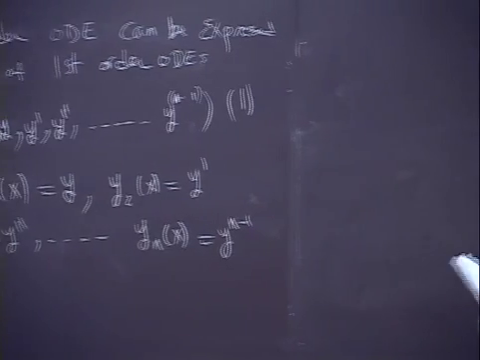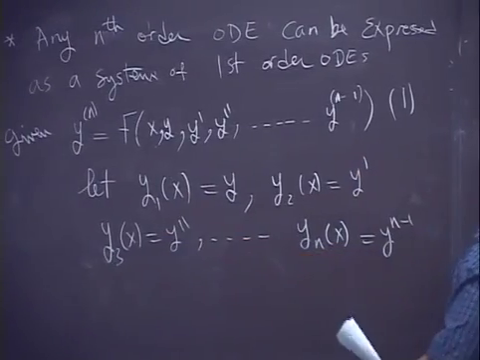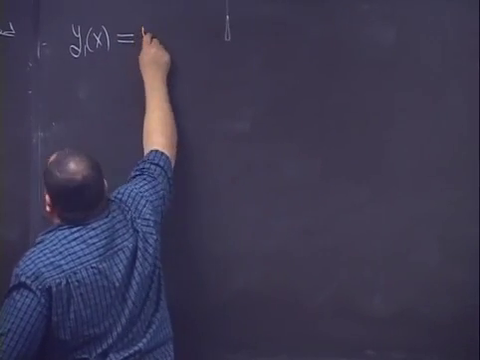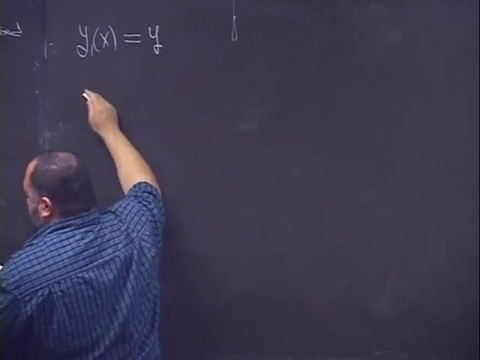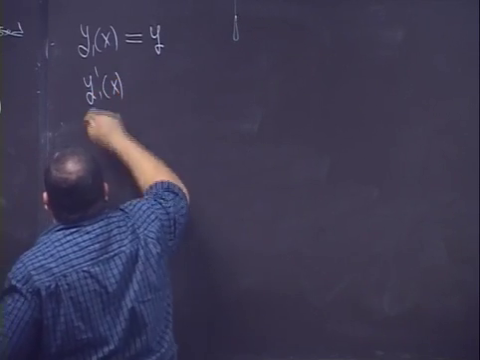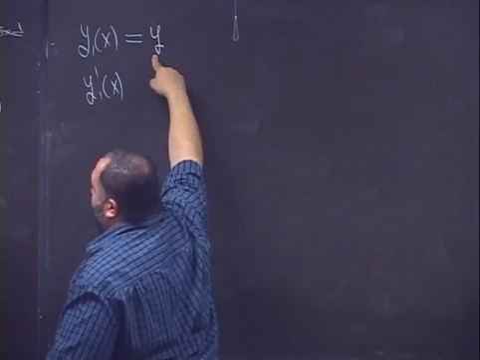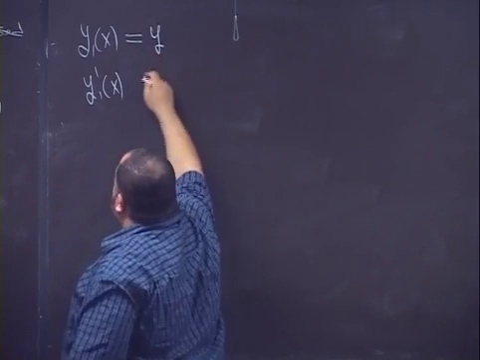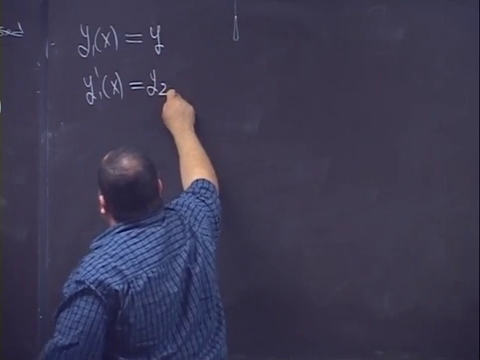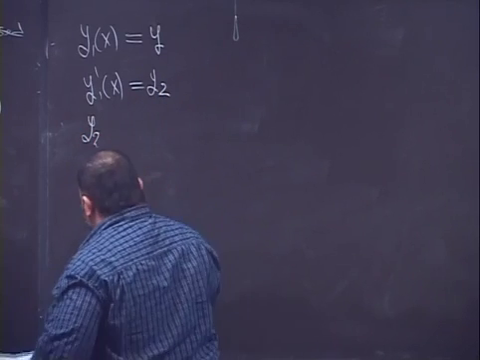So y1 of x equal to what? y. So what's y1 prime? If you differentiate this, it will give you what? y prime. What's y prime from here? It is equal to y2. And what's y2 prime?